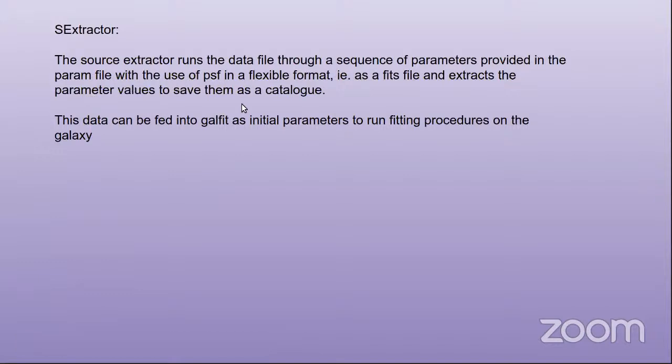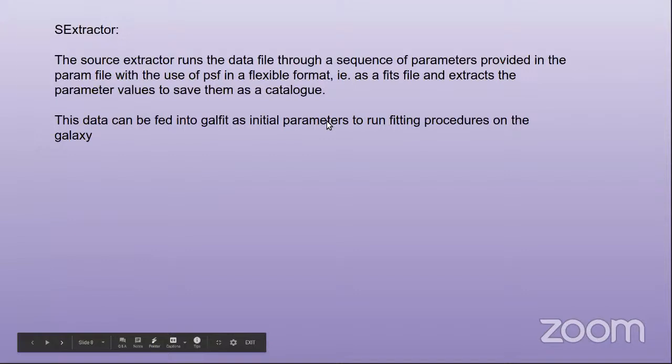The source extractor also needs the PSF file. It will use the PSF at different points to extract the parameter values. I have already told that we use it in GalFit, and there are many parameters which you could obtain using a source extractor, but I have used only a few of these.